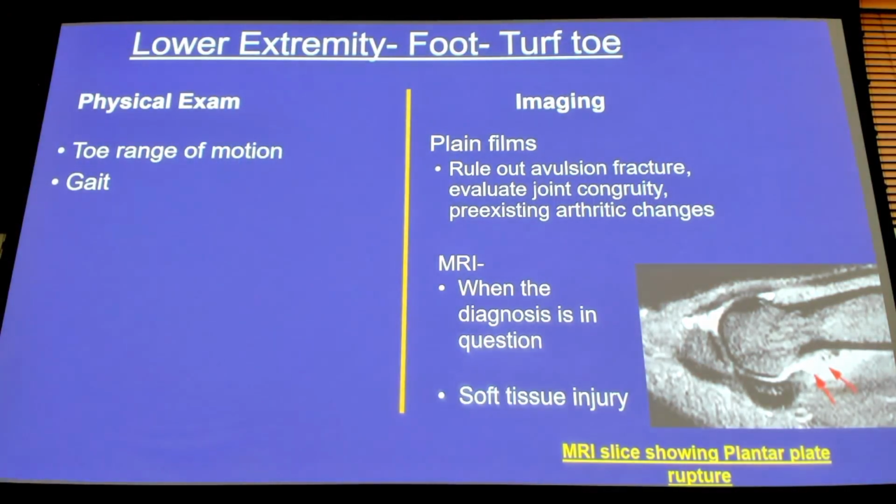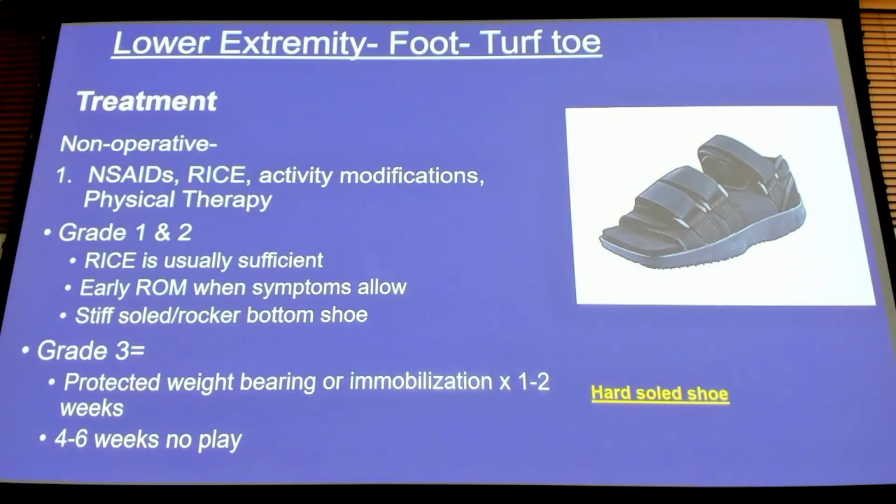So, on physical exam again, look at toe range of motion. If you can't determine what's going on with it, get an x-ray, and if that doesn't work, then it's appropriate to order an MRI as well, okay? Treatment is exactly what we do for the other toe situations, right? Get them in a shoe that prevents them from bending the thing, which keeps the metatarsophalangeal joint nice and straight.